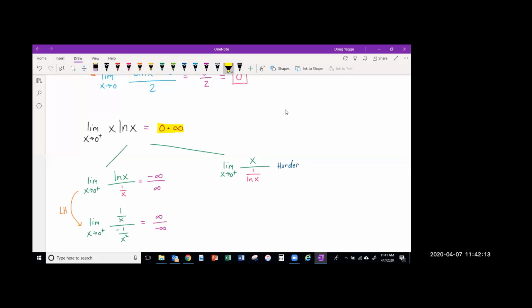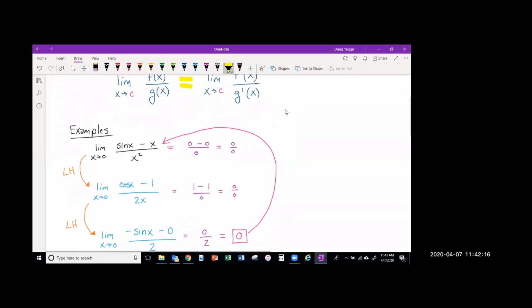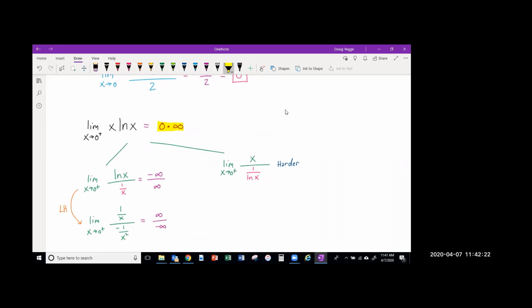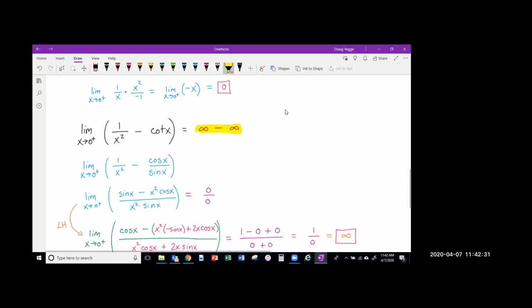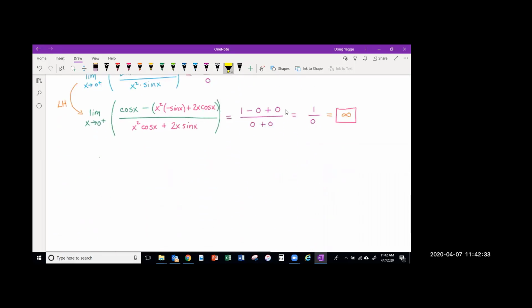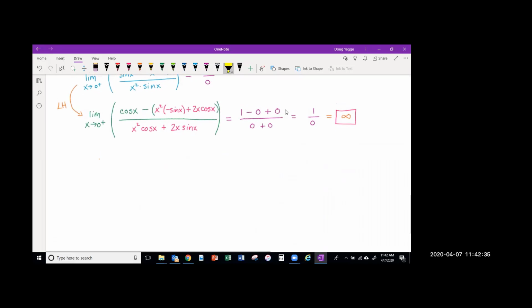This one up here, we had an indeterminate form of 0 over 0. Down here, when we switched, we got an indeterminate form of infinity over infinity. So we're dealing with all kinds of different indeterminate forms, and we want to know how to handle each of those.